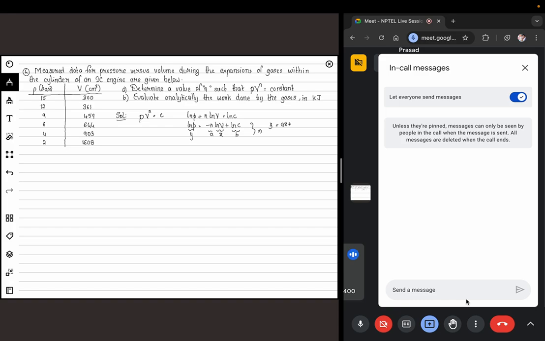So this is a linear equation. So from this data you are trying to do some interpolation where you will have a linear fit.